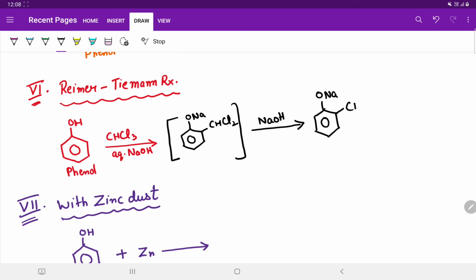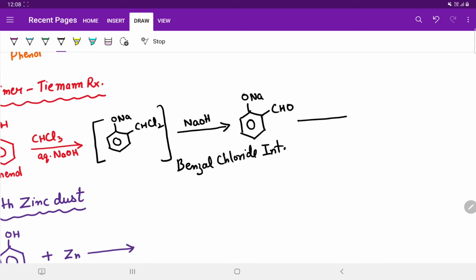Now, this is the benzyl chloride intermediate, and upon hydrolysis this leads to formation of the corresponding aldehyde known as salicylaldehyde. So, students remember that the final product will be an aldehyde. So, this is salicylaldehyde.